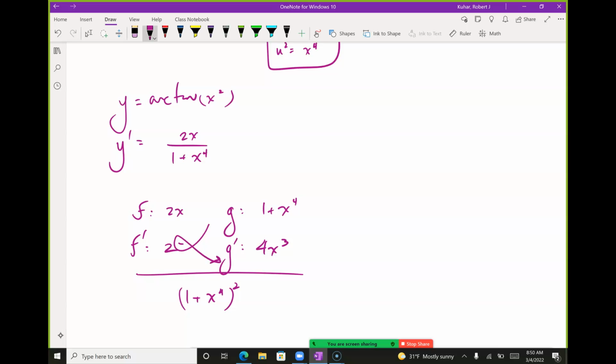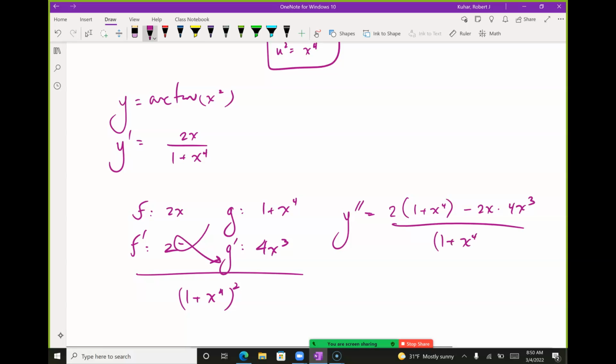So it looks like my y double prime, at least the upstairs of it, is 2 times quantity 1 plus x to the fourth minus 2x times 4x cubed all over 1 plus x to the fourth quantity squared. This one is easy enough for me just to distribute here.